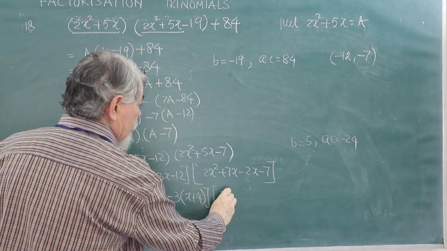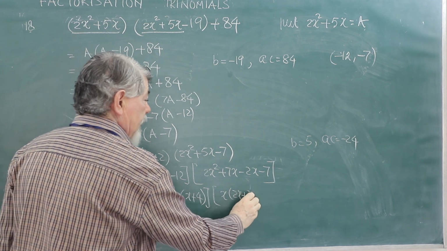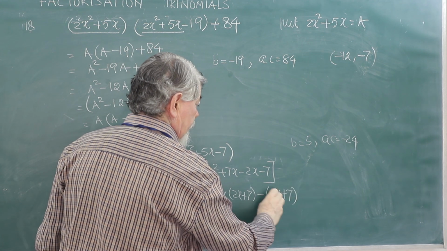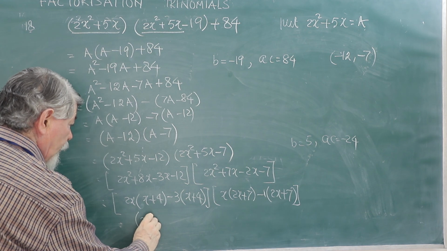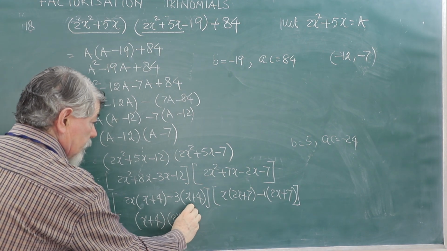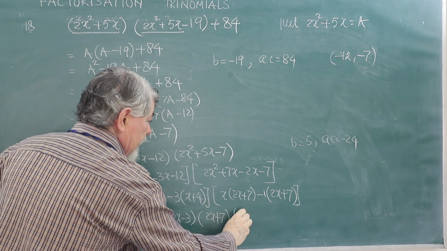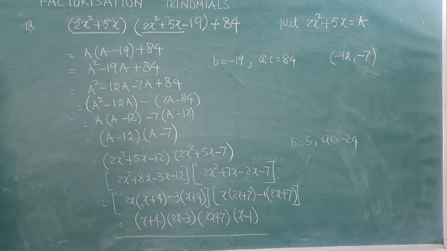Here x is common, 2x plus 7, minus 1 is common, 2x plus 7. It will be x plus 4, 2x minus 3, 2x plus 7 and x minus 1. That gives you the complete factorization for question number 18.